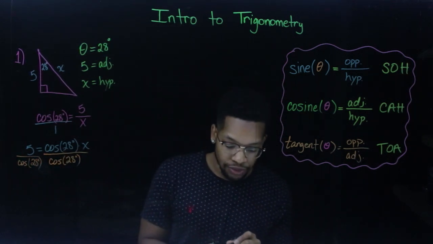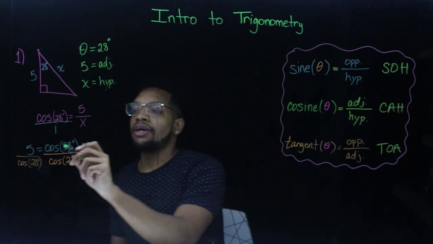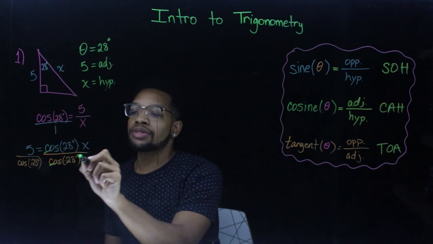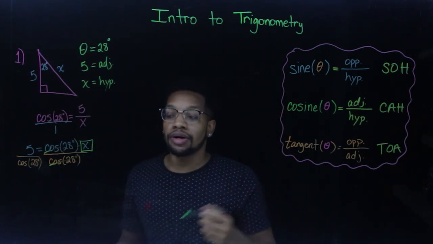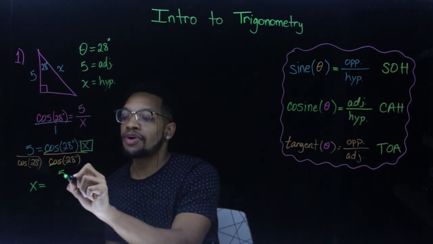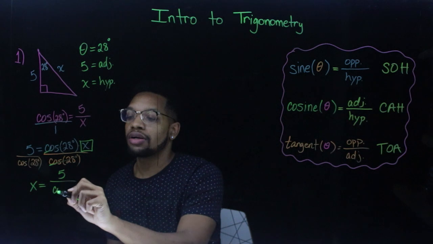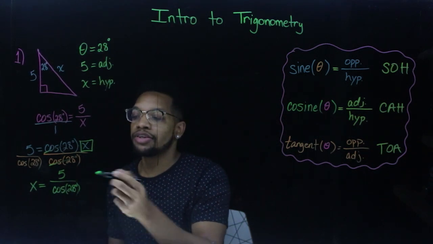All right, so now you have the same thing on top and on bottom. Anything divided by itself is 1, so those are just gonna cancel out. And now x is by itself, which is what we want. And so just by looking at it, you can see x is equal to 5 over the cosine of 28 degrees. And that's literally it.